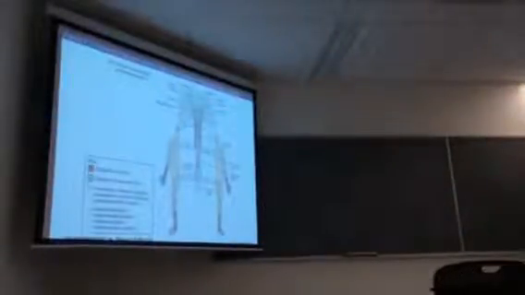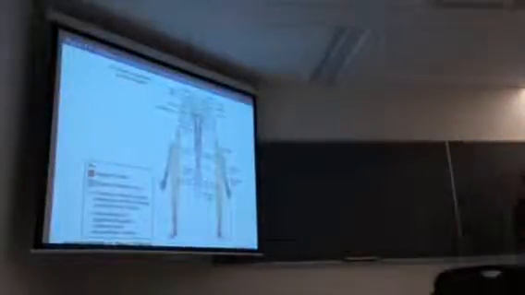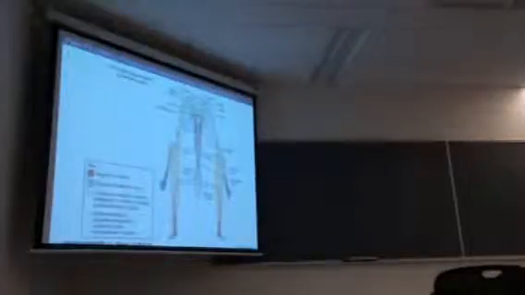Here's an interesting one. Symmetrical polyneuropathy. In general, symmetrical polyneuropathies are going to be the result of diabetes. There's almost no other way you can have this.